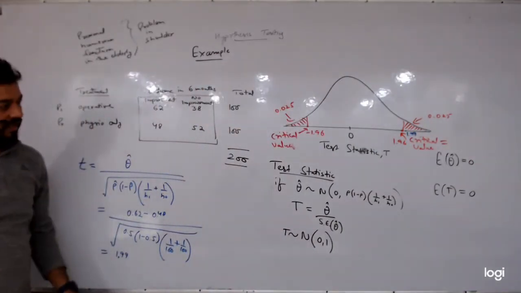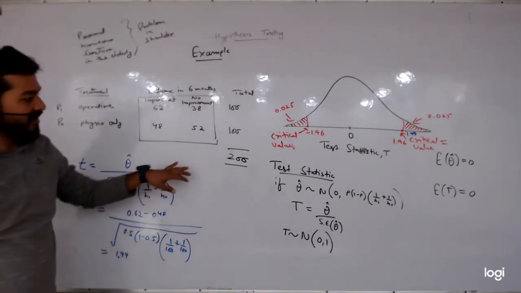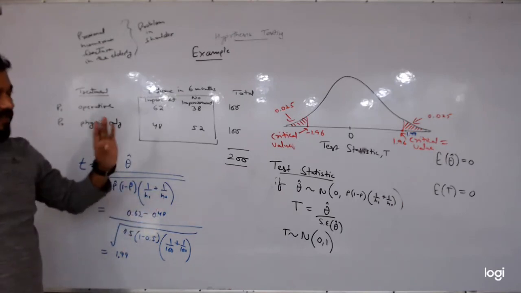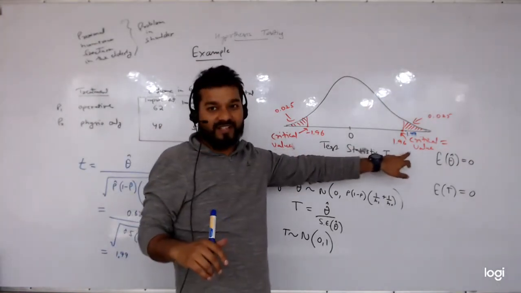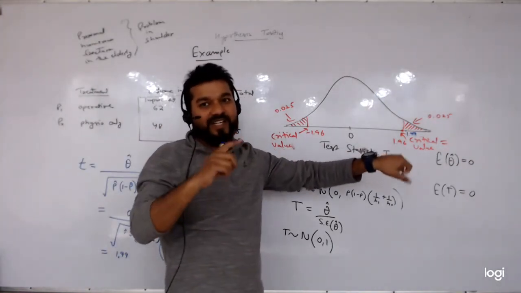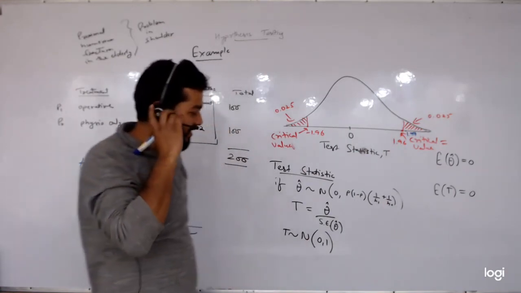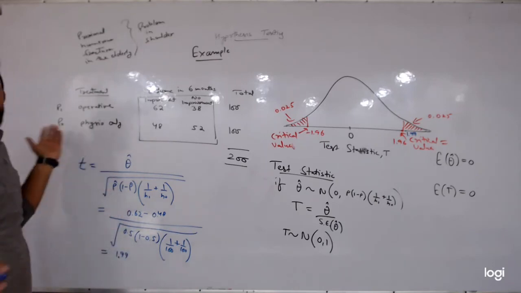What you also need is to make up your mind. If it's 5%, it means 5%, that means 1.96. That means if it's 1.9625, you reject it. So we reject this.